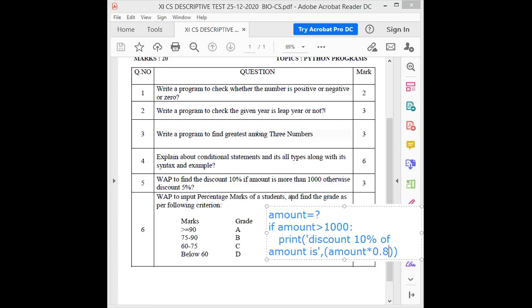Otherwise, if the condition fails, in the else case the discount will be 5 percentage. There you have to multiply with 0.95. Understood, students? So you will get the right answer here. Students, everyone understood or not? Do you want me to execute it in the tutor?